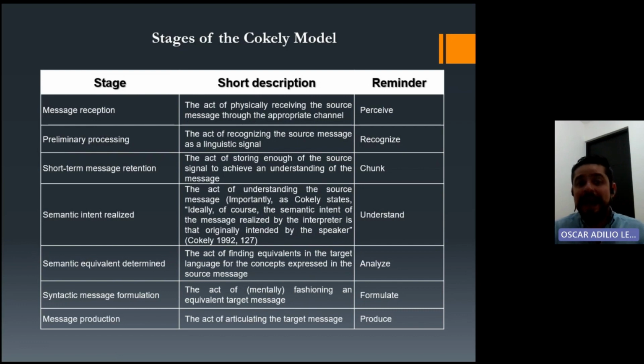Importantly, as Coakley states, ideally, of course, the semantic intent of the message realized by the interpreter is that originally intended by the speaker. Because there is some information that might not be transmitted into words, but in the way that the speaker is transmitting the message. So all that information has to be determined, identified, and decoded by our brain.